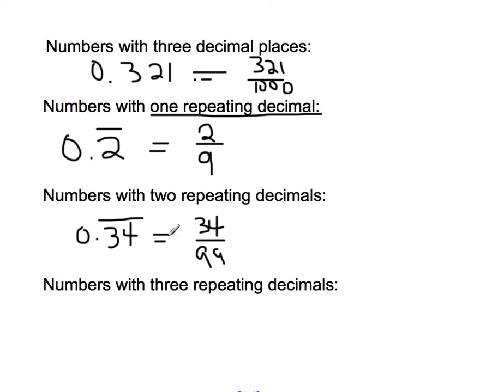And as you guess using the pattern, if 3 digits are repeating, so say 213, and it's 213, 213, 213, 213, 3 digits are repeating in your decimal, so we're going to put it over 999. Now none of these can be reduced, but if they did, or if you could reduce them, then you should.